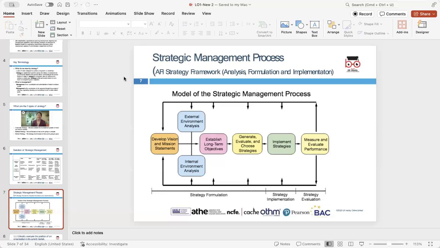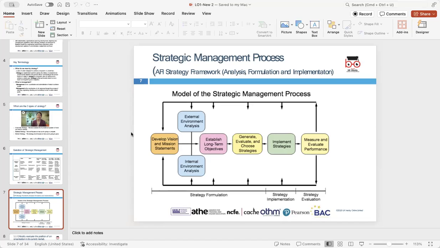The strategic management process involves three main stages: analysis, formulation, and implementation. Analysis involves assessing the external environment, internal resources, and competencies of the organization.